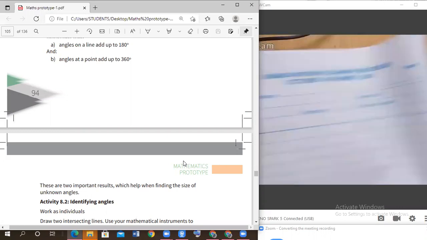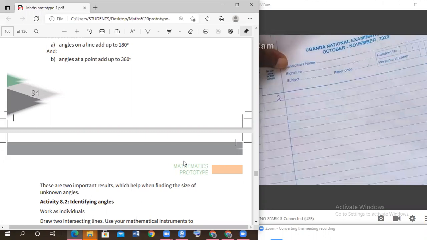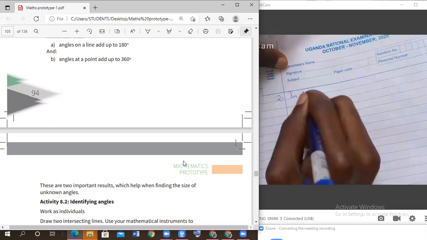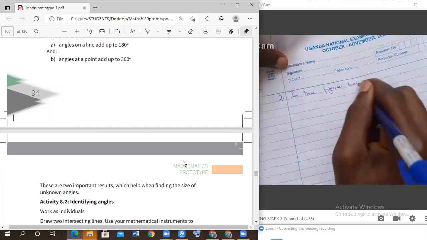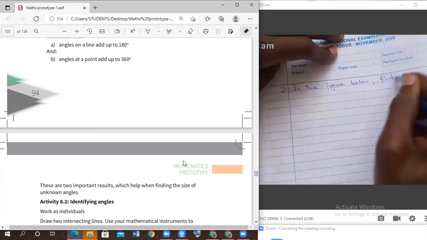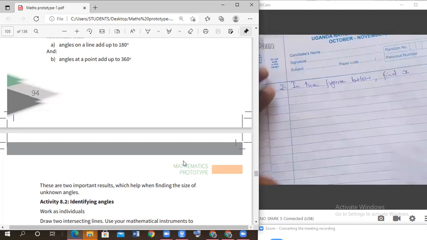Question number 2. In the figure below, find x.